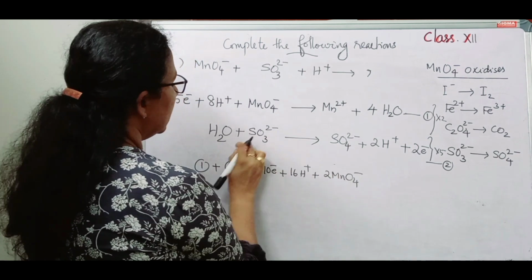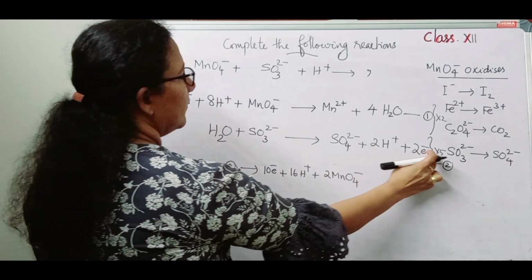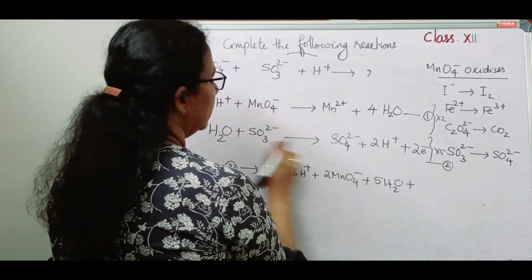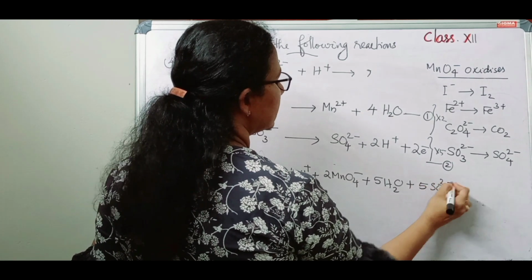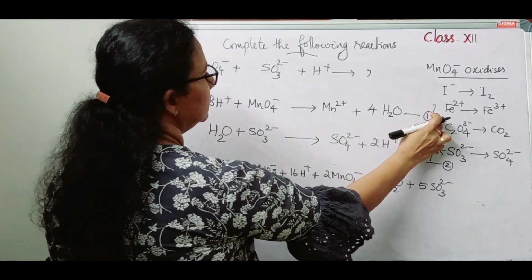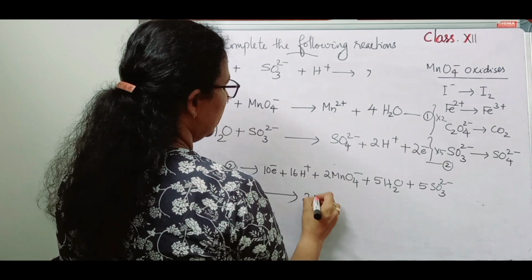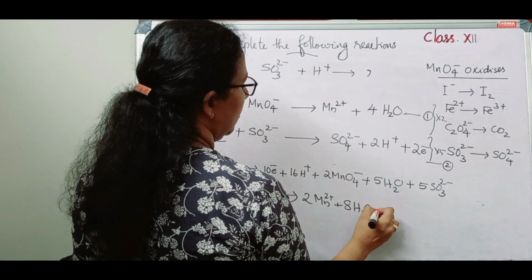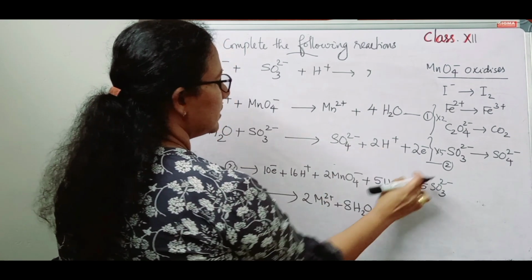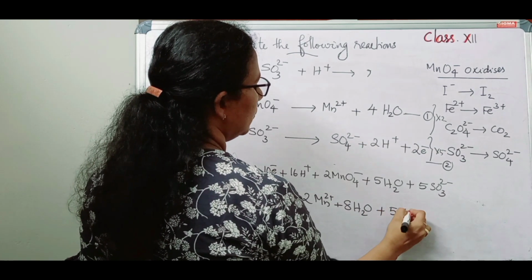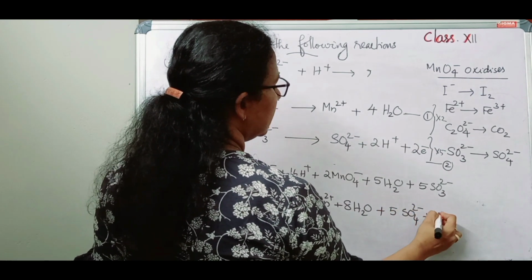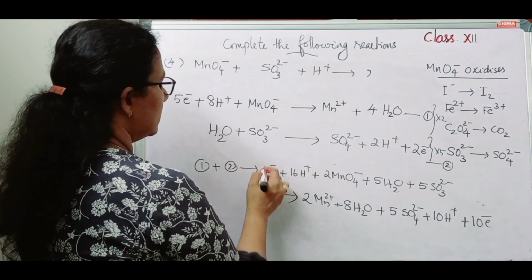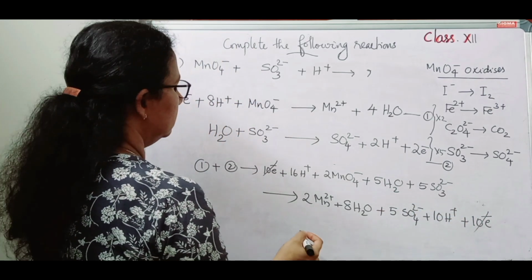Then comes the second equation, LHS 5 into H2O, 5 H2O, then 5 SO3 2- gives the right side 2 Mn2+, 8 H2O plus the right side of the second equation, that is 5 SO4 2- plus 10H+ plus 10 electrons. So 10 electrons get cancelled.